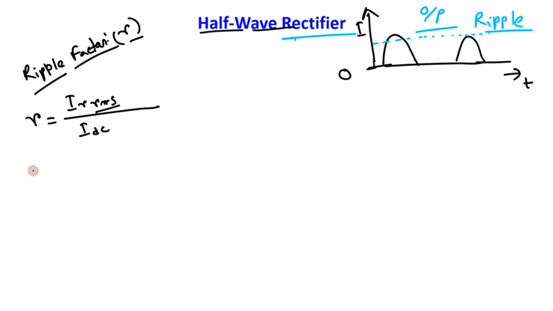Now for this signal we have also extracted the value of I_RMS, and we can write I_RMS square equal to I_DC square plus I_r RMS square. This I_RMS was actually this DC part plus I_r RMS part. So from here we need to substitute I_RMS.